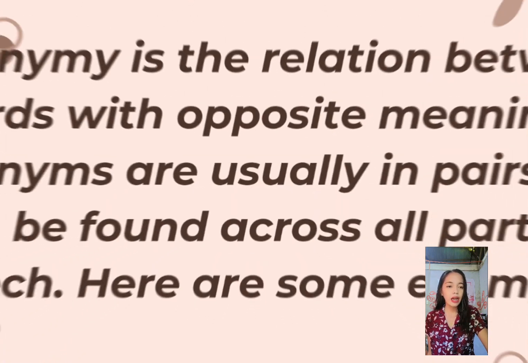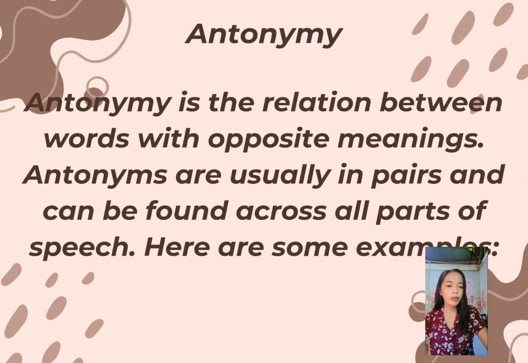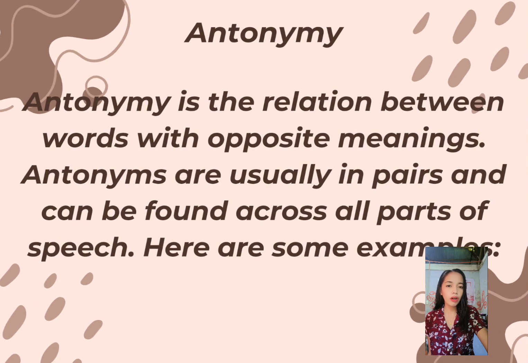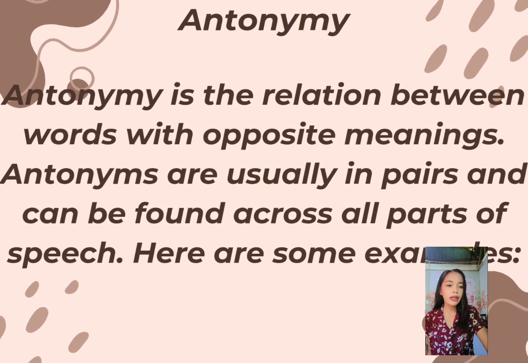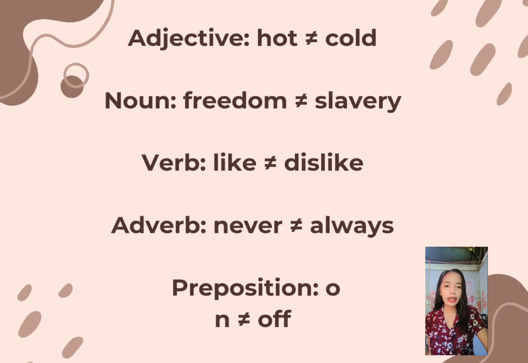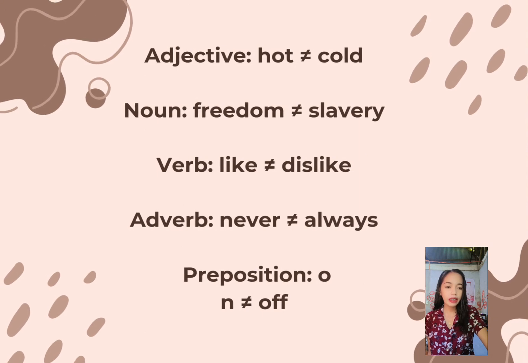The next is antonymy. Antonymy is the relationship between words with opposite meaning. Antonyms are usually in a pair and can be found across all parts of speech. Here are some examples. Adjectives: hot and cold. Noun: freedom and slavery.